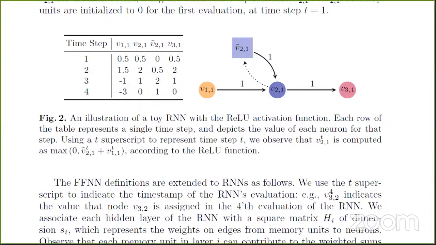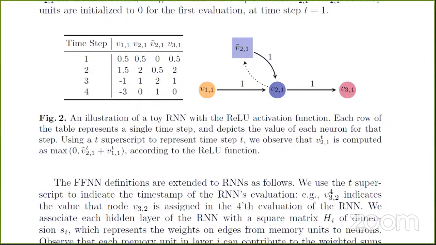So what happens in the first time instance? These are the standard neurons, and these square boxes are what are called memory units. When you begin execution at time step 1, you have nothing in the memory unit, which is denoted as 0. Therefore the 21 tilde is 0 in the beginning at time step 1, as you can see in the table. So how does it work?